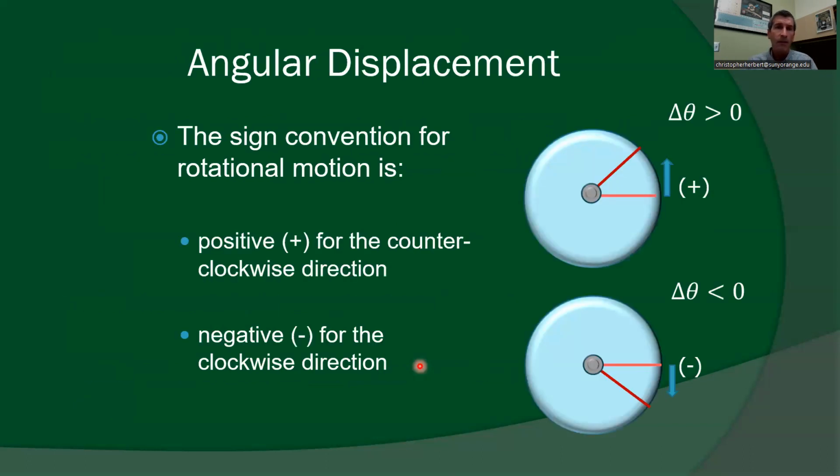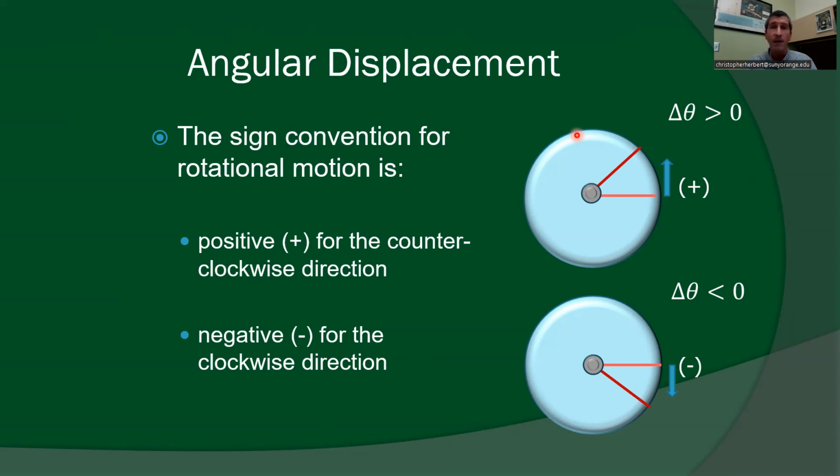Also be aware that the direction is very important. We say that angular displacement is a vector. It has both direction and magnitude. If we're rotating counterclockwise, that is considered to be a positive displacement. That has to do with the way that we've treated angles previously.